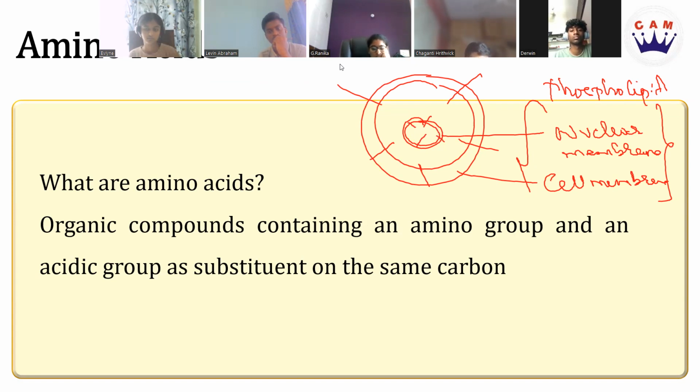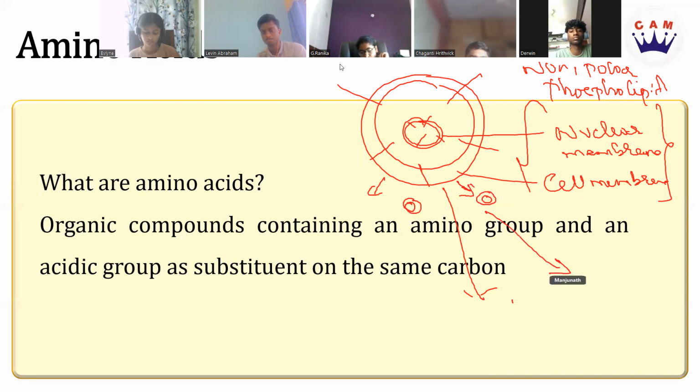When you disrupt the cell and break the membrane into fragments, this phospholipid is non-polar. It is not miscible in water, and it can dissolve only in solvents. And whenever the membrane is disrupted, the disrupted membranes will result in small vesicles. Every small vesicle is called a micelle.